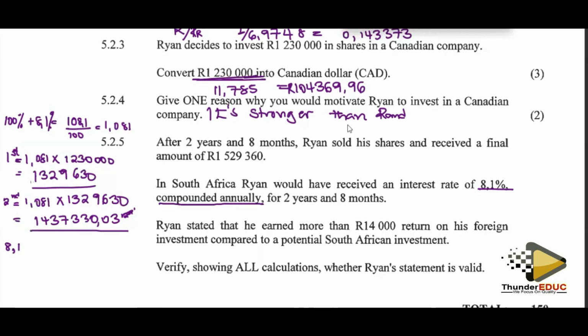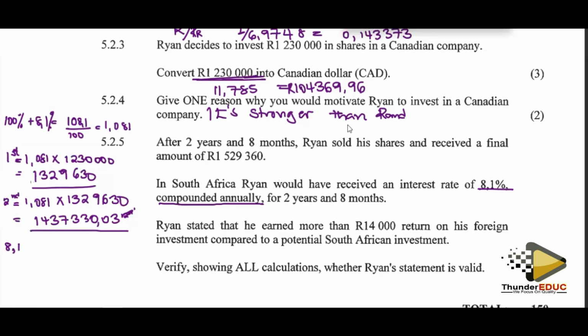For question number 5.2.5. It says, after 2 years and 8 months, Ryan sold his shares and received a final amount of 1,029,360 rands. South Africa. Ryan received an interest rate of 8.1% compounded annually for 2 years and 8 months.